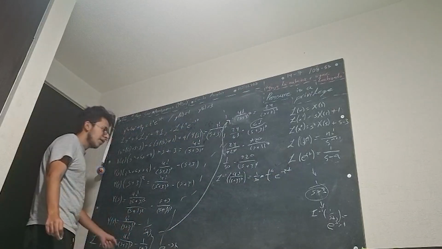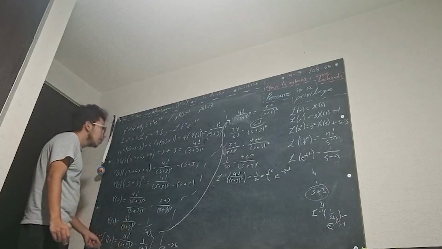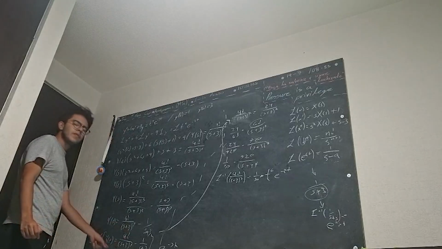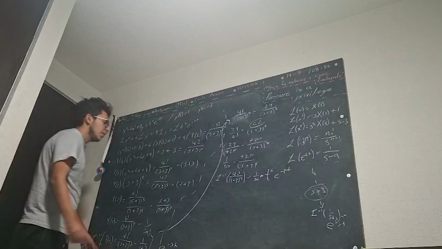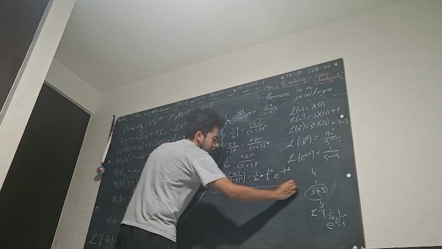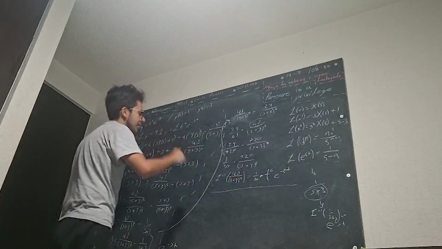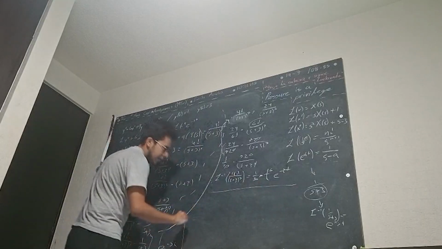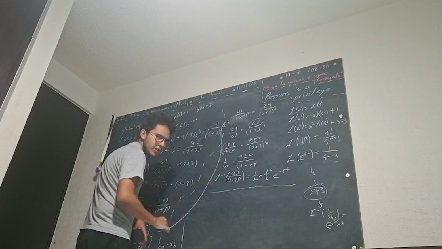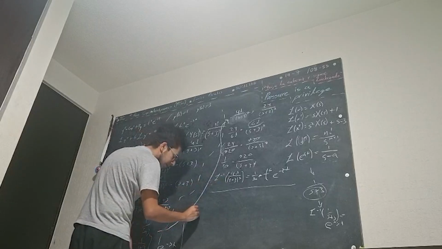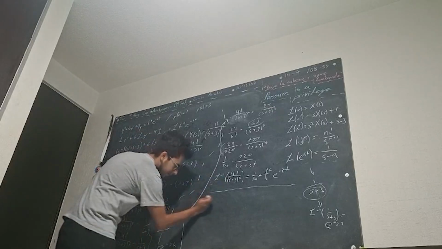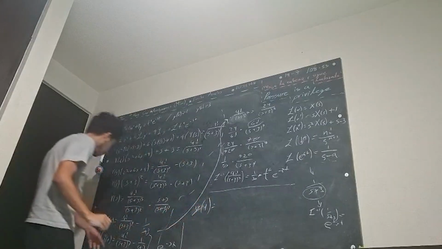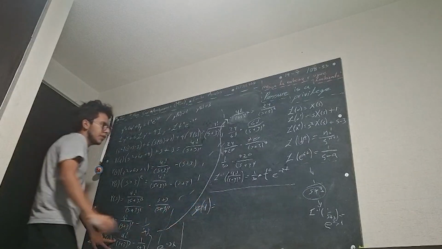And this is the inverse of this. So the inverse of the Y that depends on s will return us to the original variable, which in this case is t. So we will have y that depends on t equal to this term, equal to this.